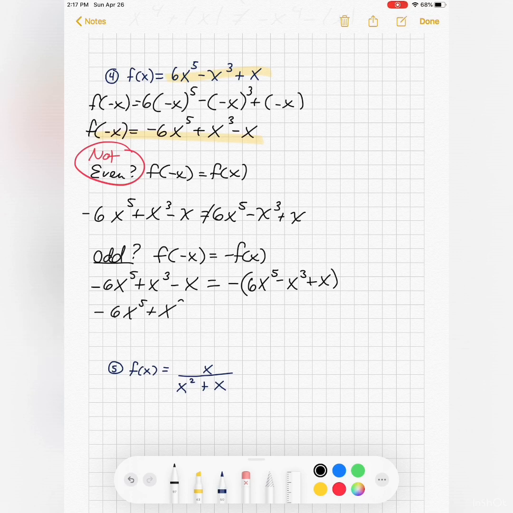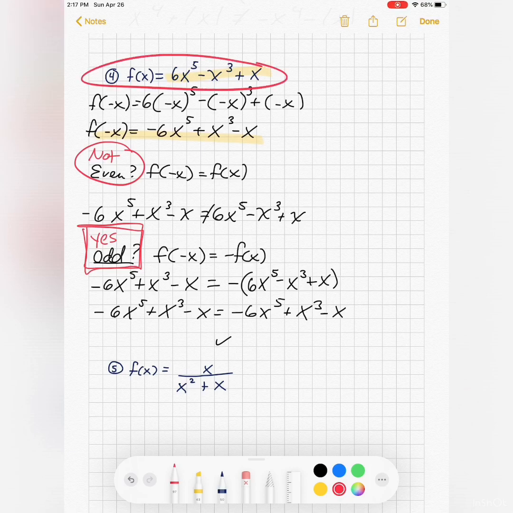Let's distribute that negative. Okay, it looks like those are the same. So indeed, this is an odd function.